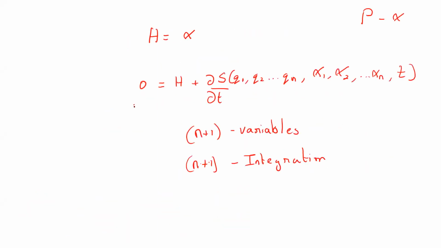When we're talking about the equations of motion, we have P dot, so capital P dot is equal to minus dK by dQ, right? This is nothing but Hamilton's equations of motion, right? So these are the Hamilton's equations of motion that I'm writing out.